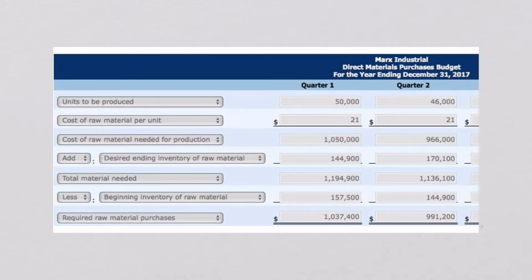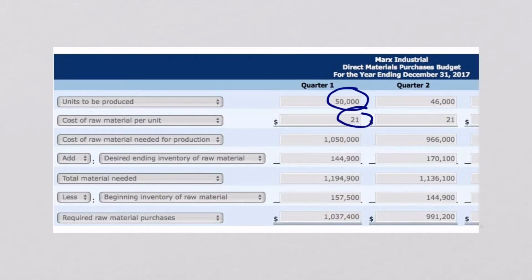First of all, we went through this homework problem here, and I was just making sure you follow the way these formulas work. In these kinds of problems, you're going to be given certain information: the units to be produced and the cost per unit. You may have to calculate a little bit of that based on facts they give you.